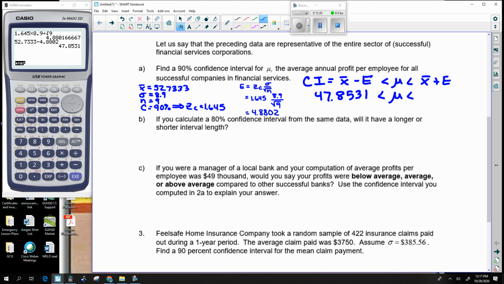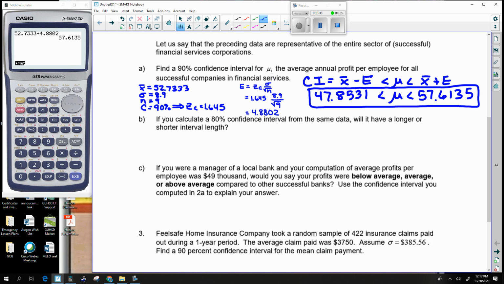Then x bar plus E is 57.6135. And that's your confidence interval.